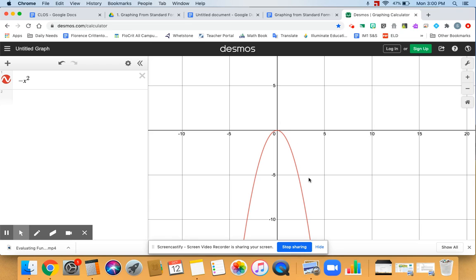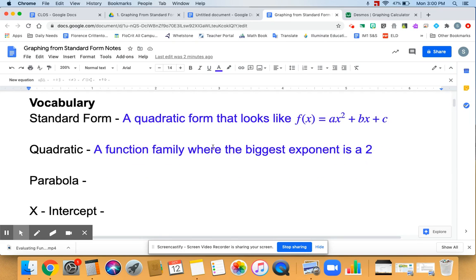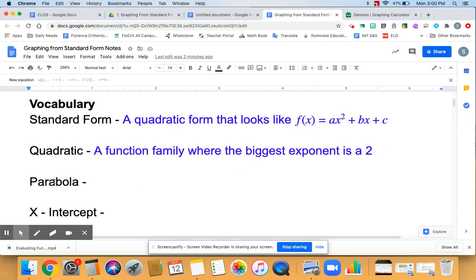So this shape that it's making, this U or N type shape, this curvy shape, has a specific name, and that name is called a parabola. It's spelled parabola, but it's pronounced parabola, like this. Parabola.